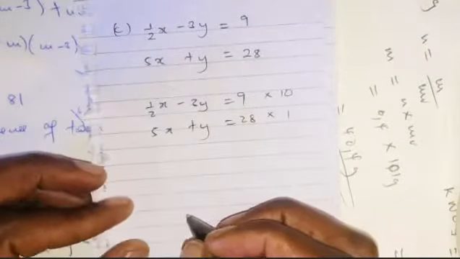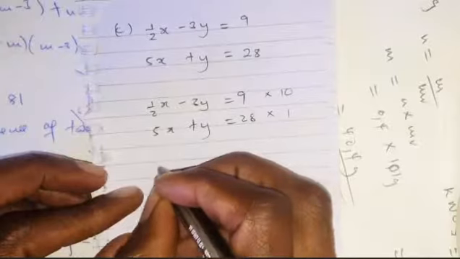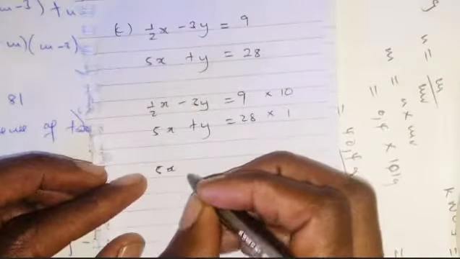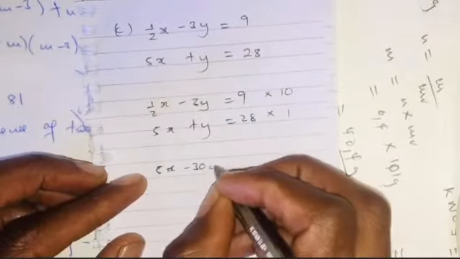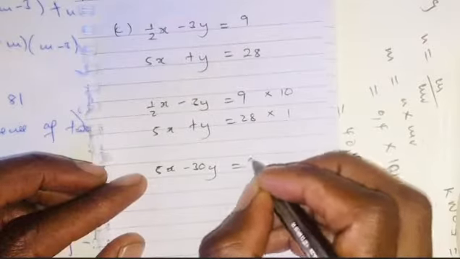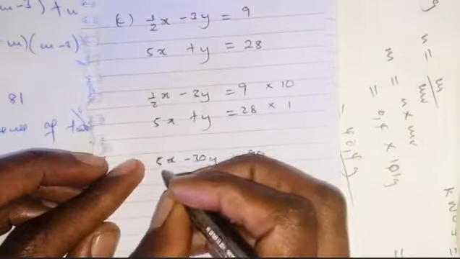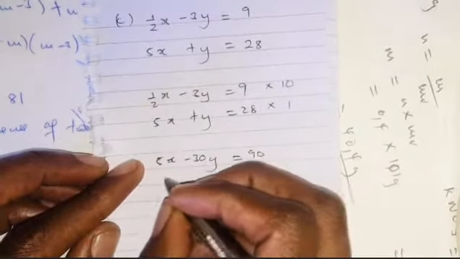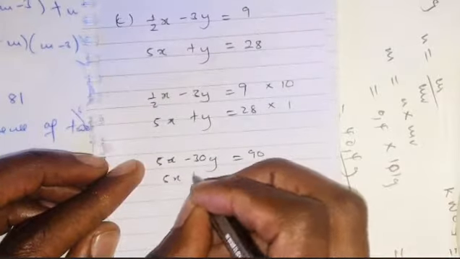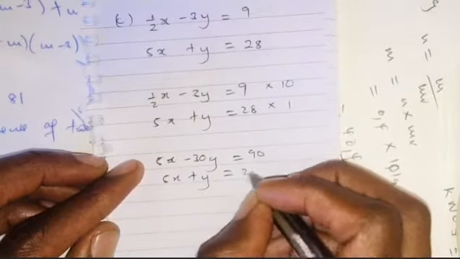Here we are coming up with 5x minus 30y is equal to 90. Then here we've got 5x plus y is equal to 28.